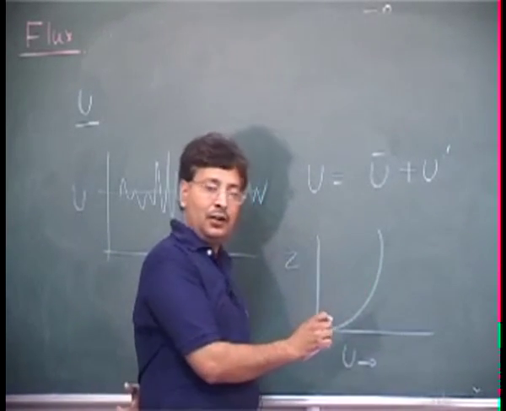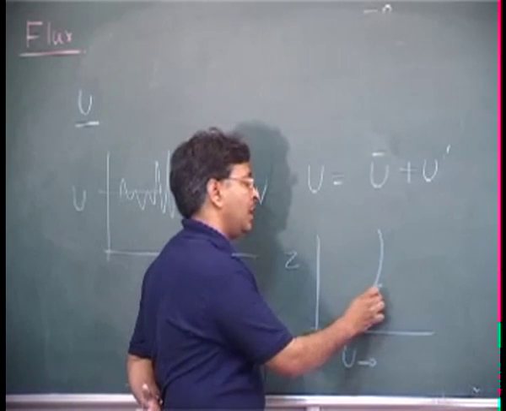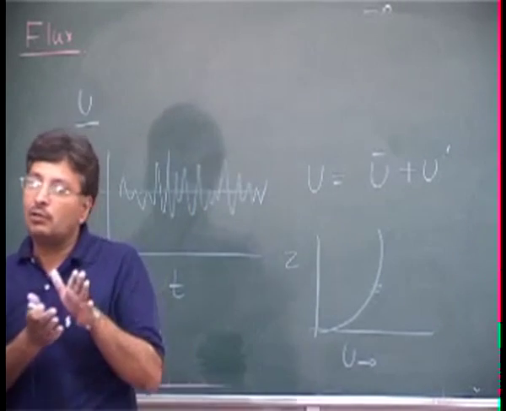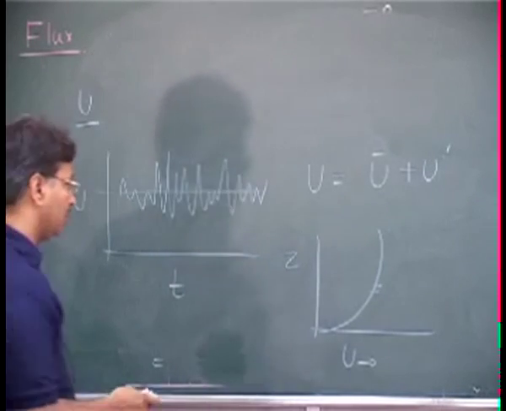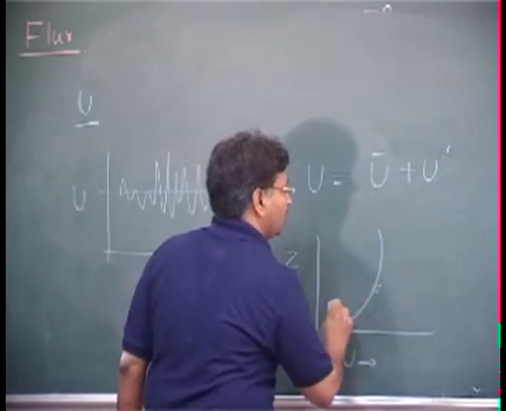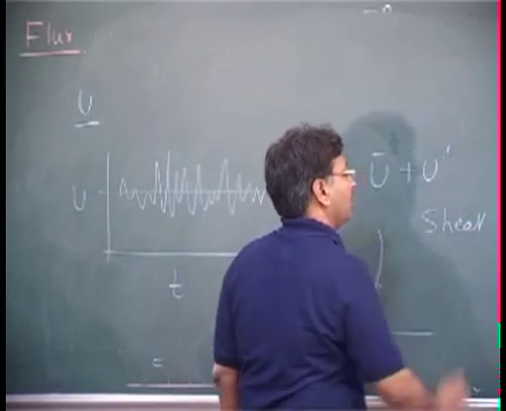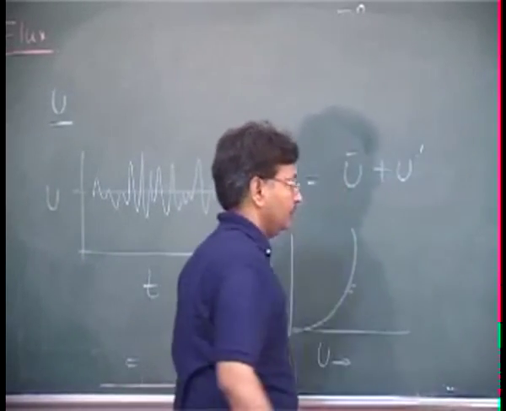At any point we take, the velocity just above that point is different and the velocity just below that point is different. So there is always a shear. Okay. So there will be shear diffusion in addition to what we are talking about. So shear diffusion, or diffusion due to shear, that is a better term.